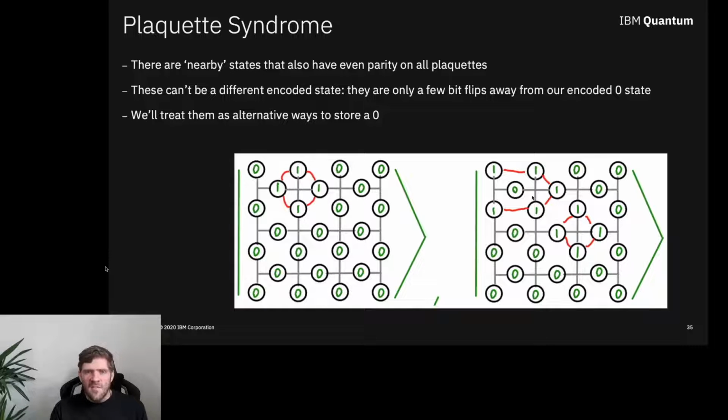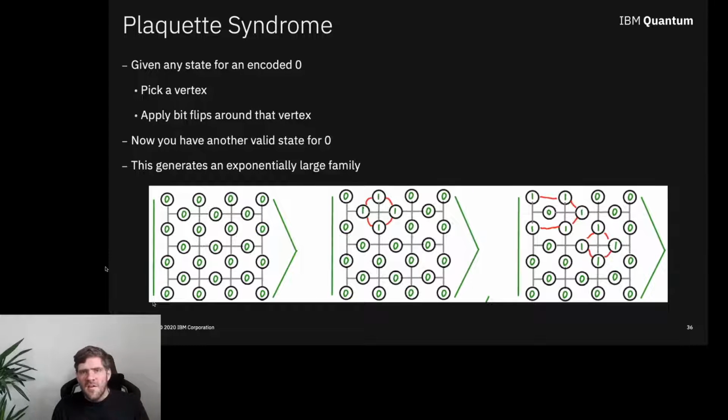It turns out that we get a very large family of states which are very close to each other, and so we're going to treat these all as alternative ways to store a 0. They're all going to be within a family of states which correspond to a logical 0.